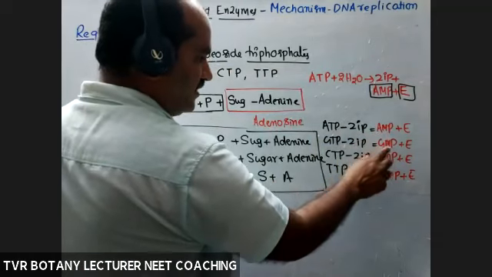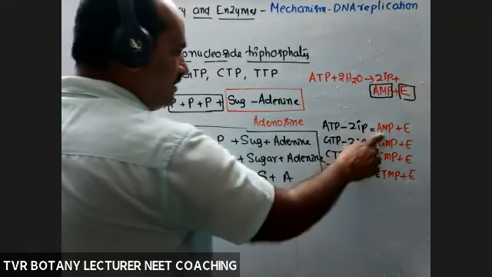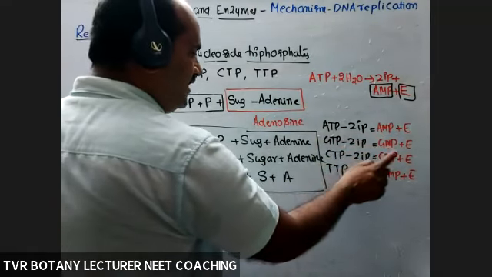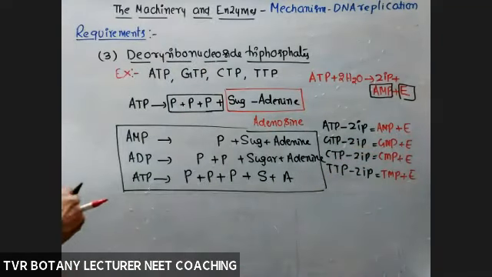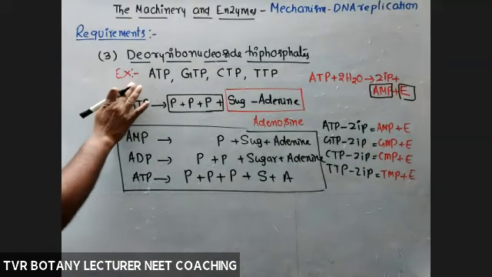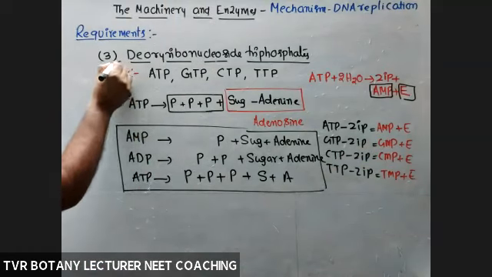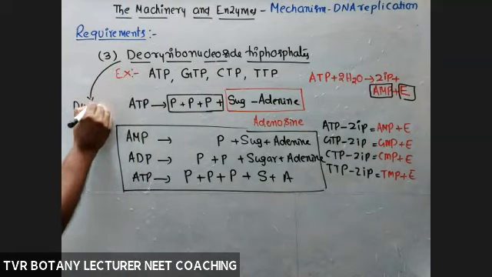They provide two things. One, substrates. What are those substrates? Nucleotides: adenylic acid, guanylic acid, cytidylic acid, thymidylic acid, plus energy. The textbook statement describes the role of deoxyribonucleoside triphosphates as a dual role.